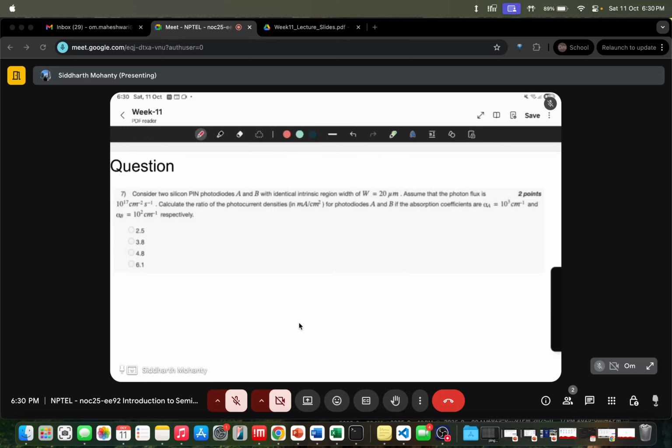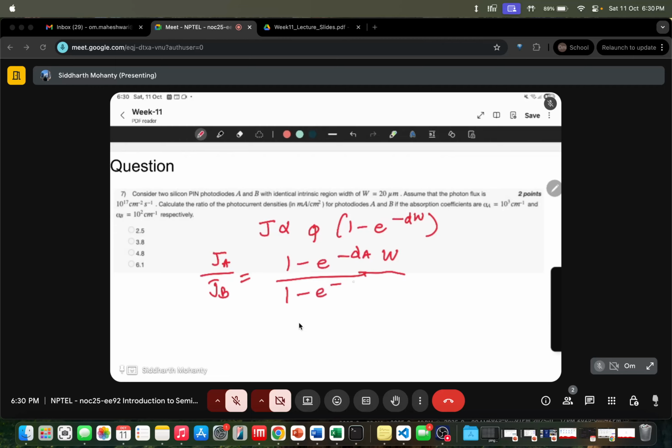Okay, so let's see this. We know that J is proportional to flux times (1 minus e to the power minus alpha W). So JA by JB will be, flux is the same in both cases, so (1 minus e to the power minus alpha A times W, width is also the same) divided by (1 minus e to the power minus alpha B times W).